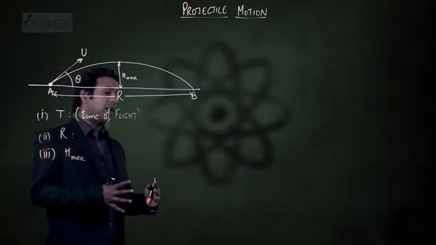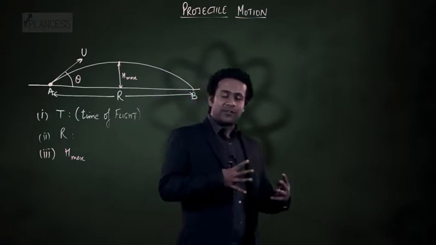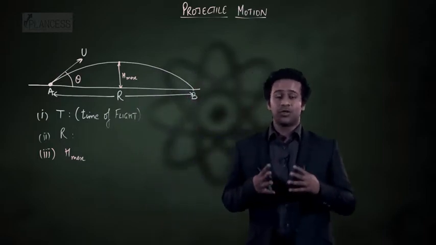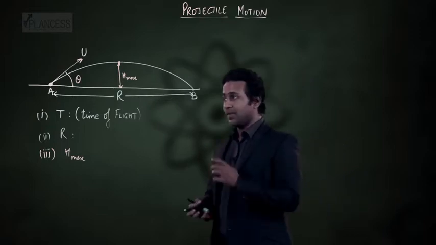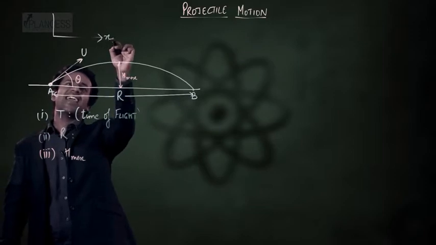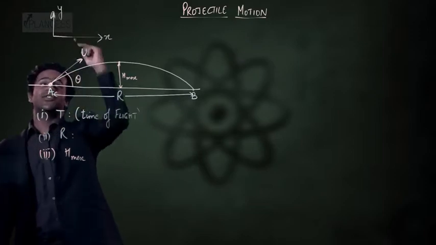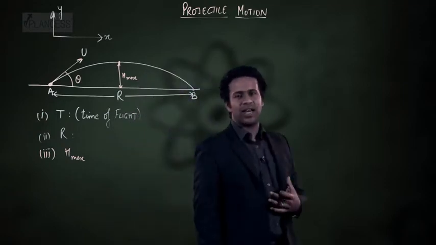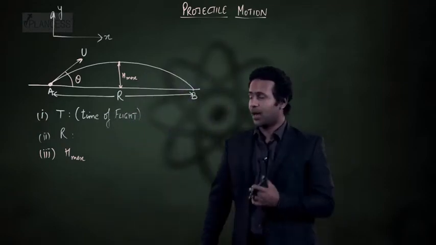Right. Now, the only difference from our previous problems is that in this case the particle is moving in two dimensions. That is, if we take the horizontal as x-axis and the vertical as y-axis, then the particle moves along x as well as y-axis. Right.